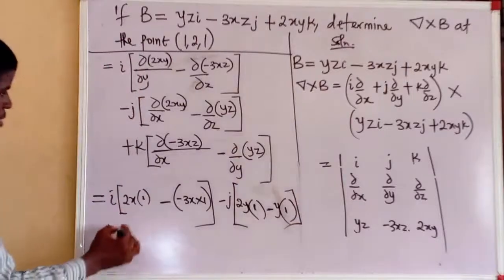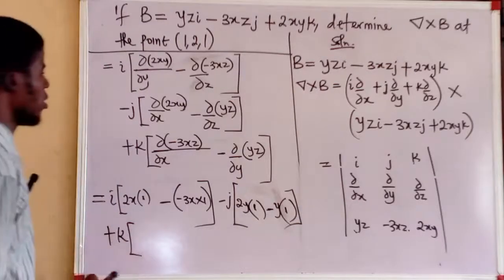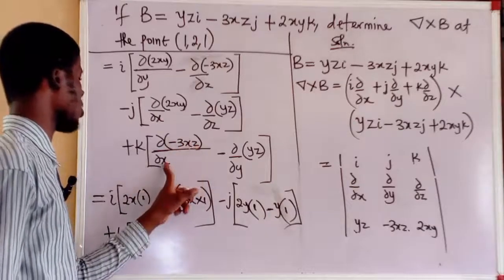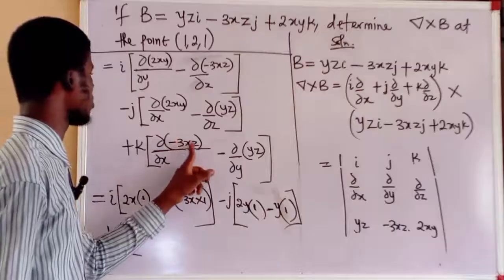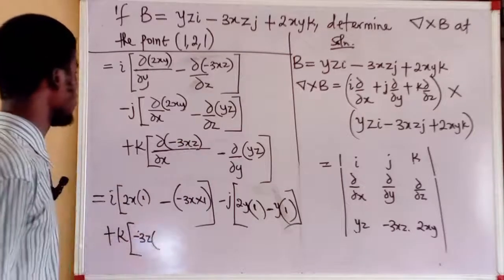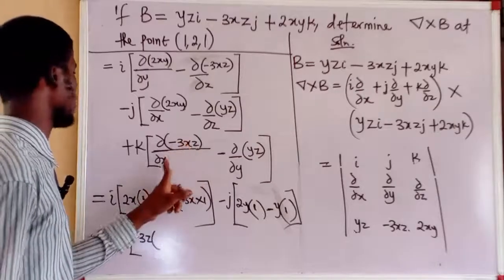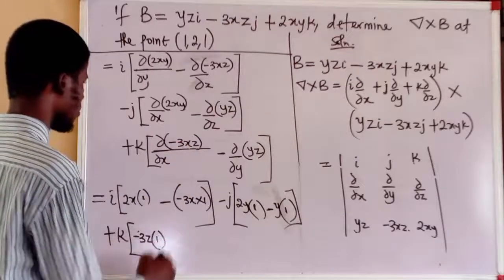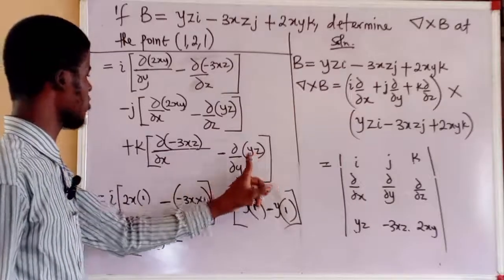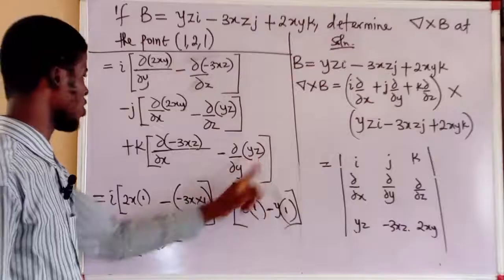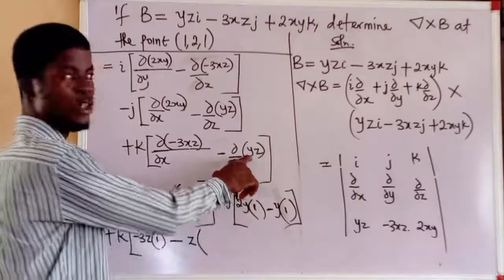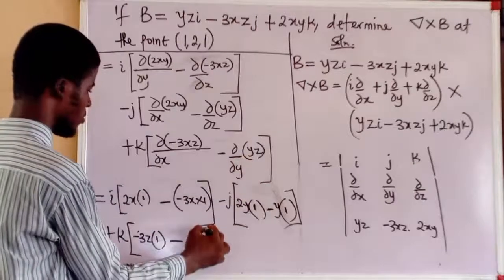Plus k, so differentiate minus 3xz with respect to x. It means we have to keep minus 3z as a constant. Then differentiate x with respect to x, that's 1, minus, differentiate this with respect to y. We have to keep z as a constant. Then differentiate y with respect to y, that's 1.